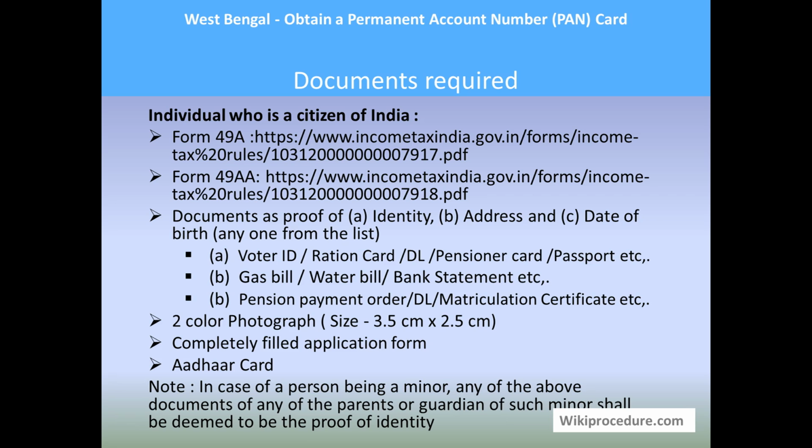Two color photographs of size 3.5 cm by 2.5 cm are required, along with a completely filled application form and Aadhaar card. In case of a minor, any of the above documents of either of the parents or guardians of such minor shall be deemed to be the proof of identity.